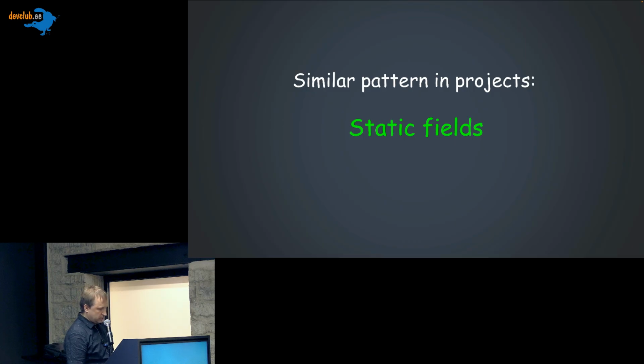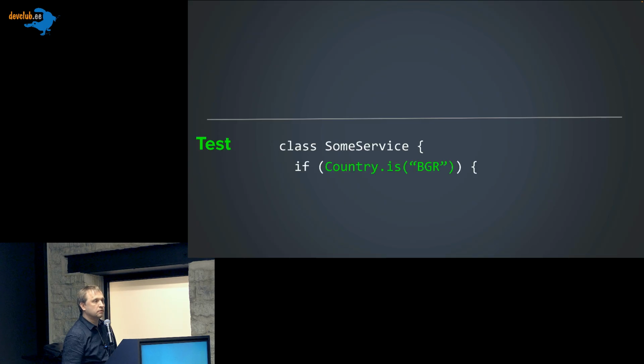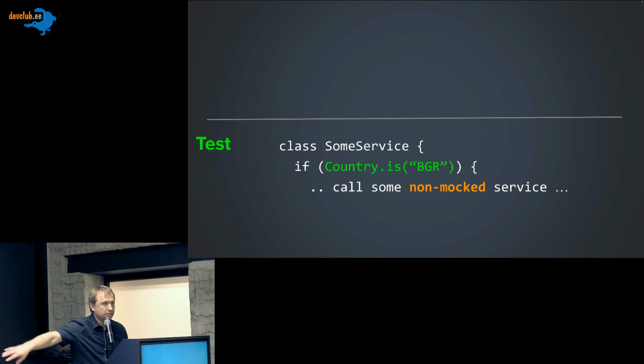Here is one real example from my experience. One test is checking if the country is, who knows what country is this? Right, Bulgaria. If this is production code checking that if the country is Bulgaria, then do something, call some external methods, some services, and this is not mocked.